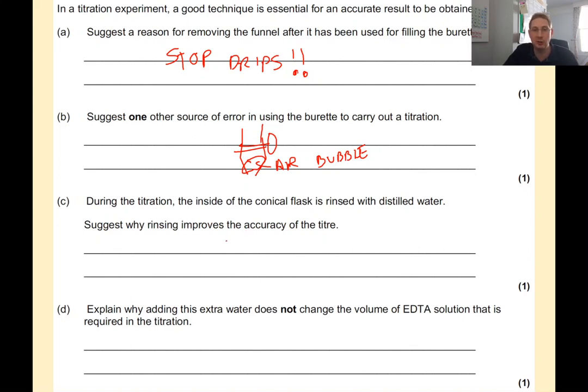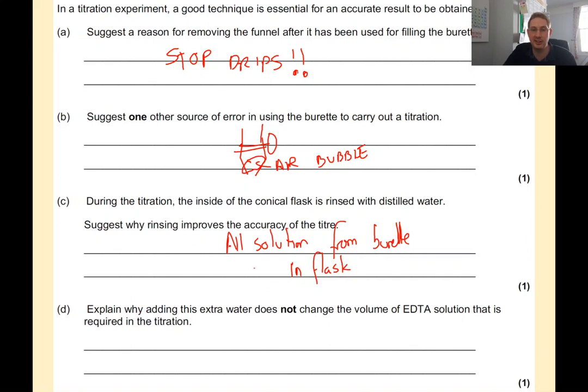Why does rinsing improve the accuracy of the titre? That's what we've just talked about. It ensures that all solution from the burette is in the flask. So this is talking about rinsing it during the titration, not before, okay?